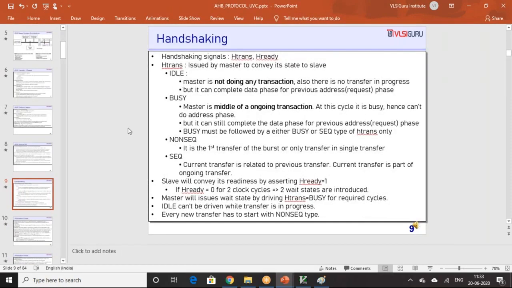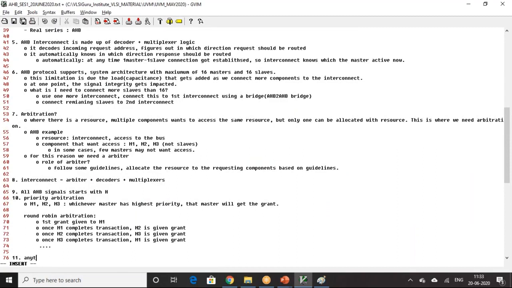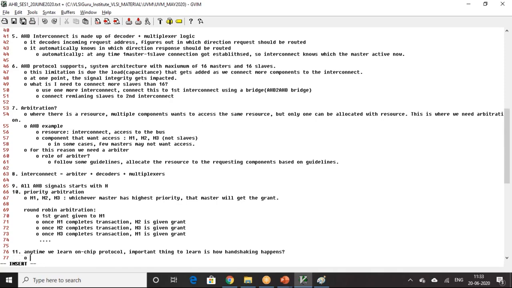Now let us go to the next topic, that is handshaking. Anytime we learn on-chip protocols, the most important thing we need to learn is how handshaking happens. Handshaking is a mechanism through which master and slave talk to each other.